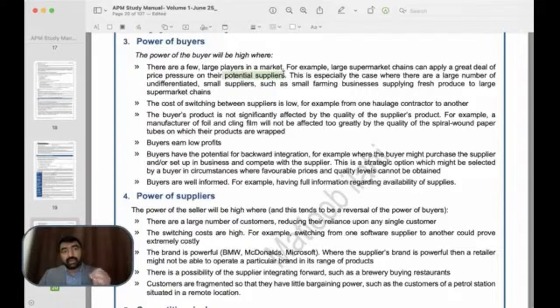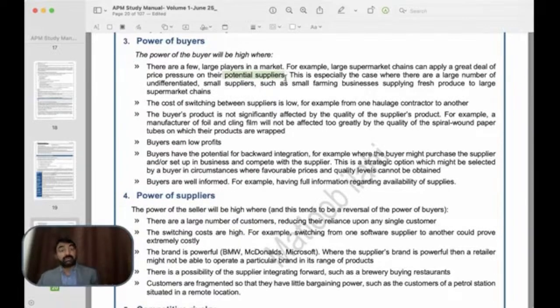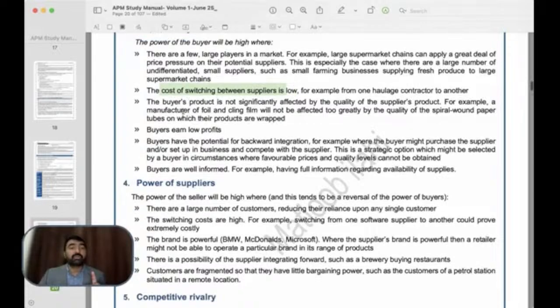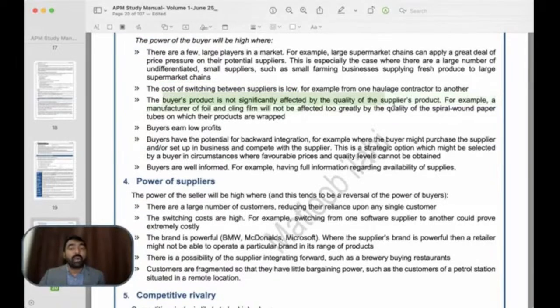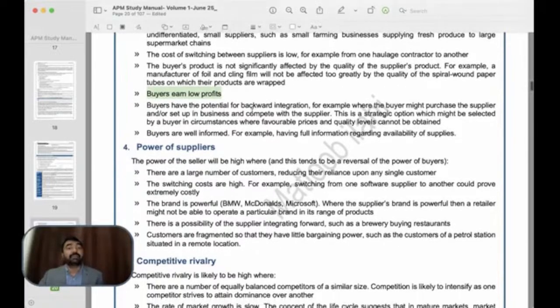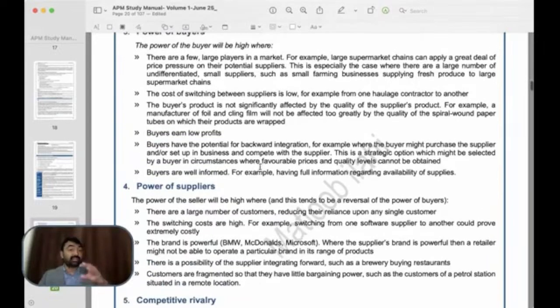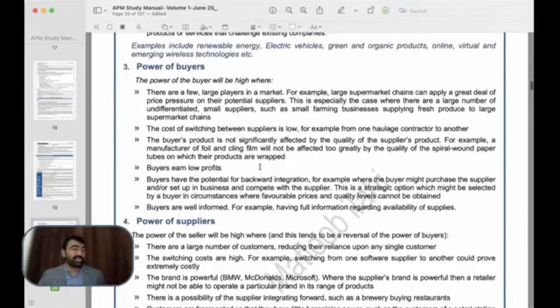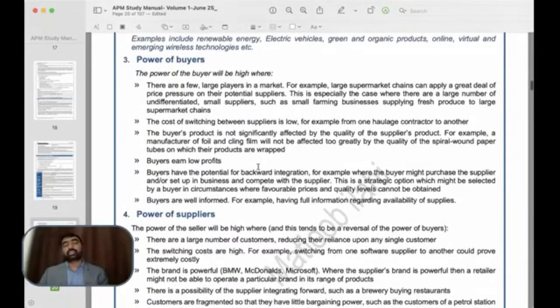Yes, if buyers are big, if buyers buy in bulk quantities, if the cost of switching between suppliers is low, if the buyer's product is not significantly affected by the quality of the supplier's product, if buyers earn low profits, if buyers have the potential for backward integration, they can go and acquire their suppliers, and if buyers are well informed. So these are the different situations where the power of buyers would be stronger.